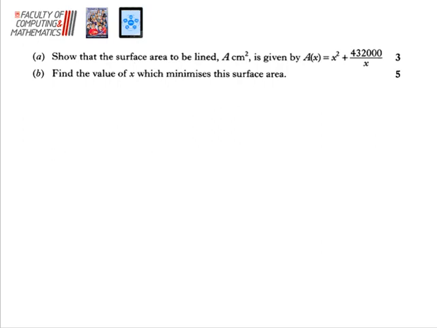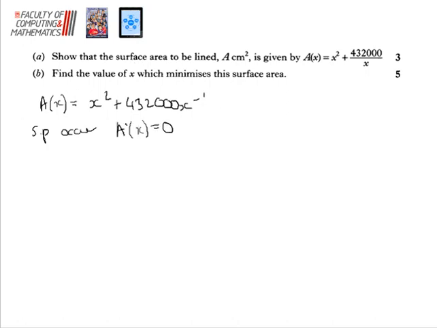So part B, there's my formula. Firstly, I need to rearrange that to differentiate, so it's going to be x squared plus 432,000 x to the power negative 1. My stationary points occur at A'(x) equals 0. So A'(x) is 2x minus 432,000 x to the power negative 2 equals 0.